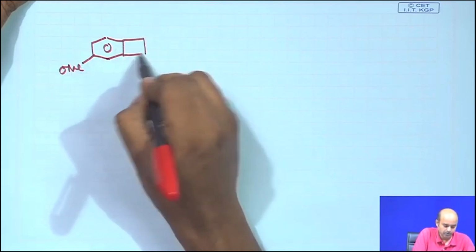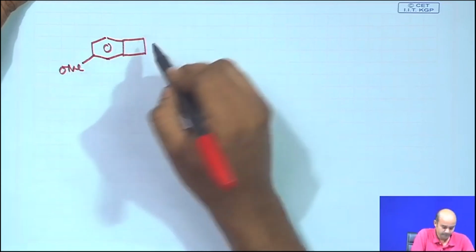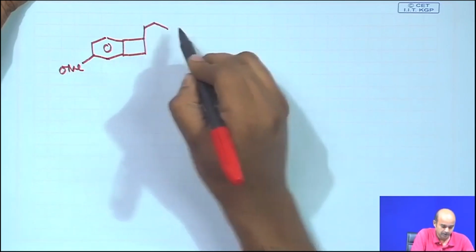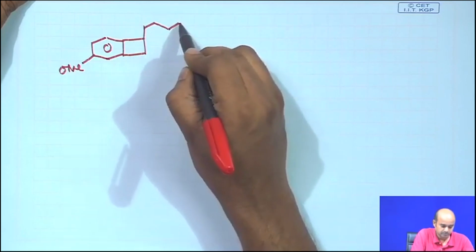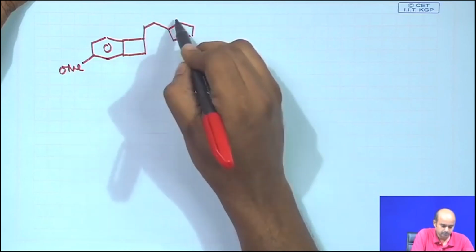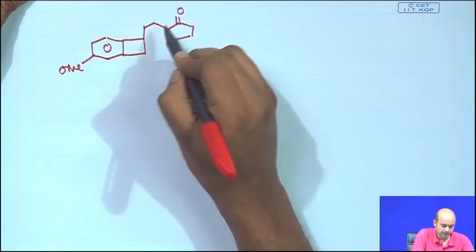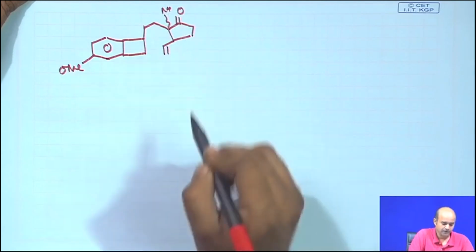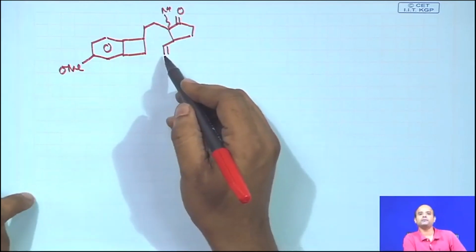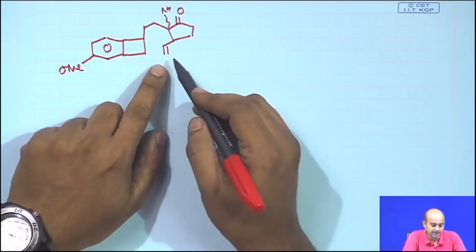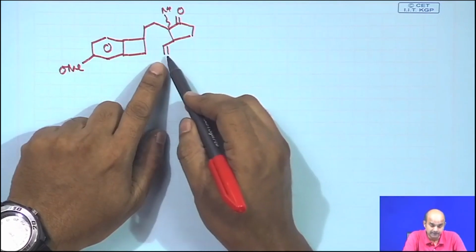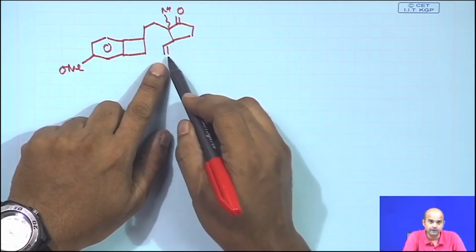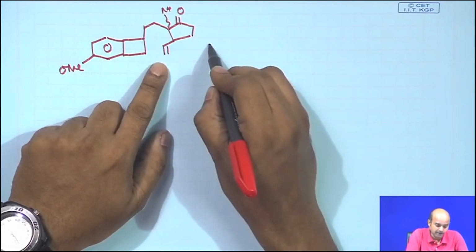So, this is your benzocyclobutane, we write it in this way. Okay. This is the methyl. Now, this vinyl group was basically acting as an appendage, and the latter part is serving as a dienophile in the real cycloaddition reaction.